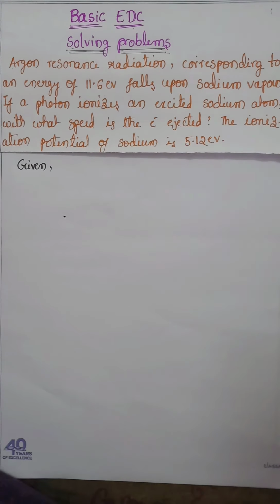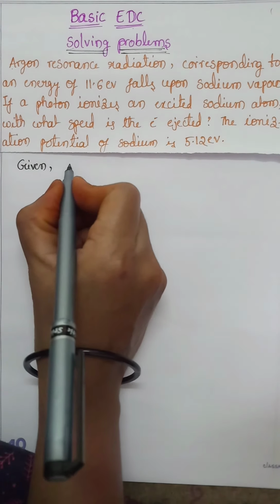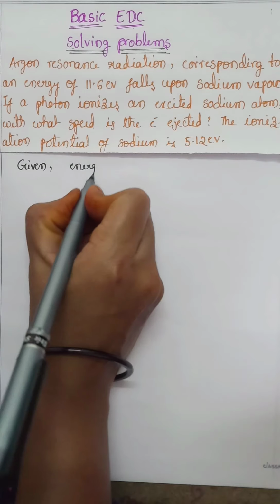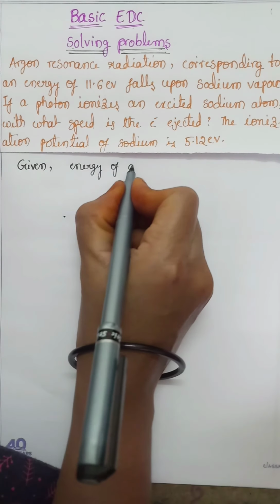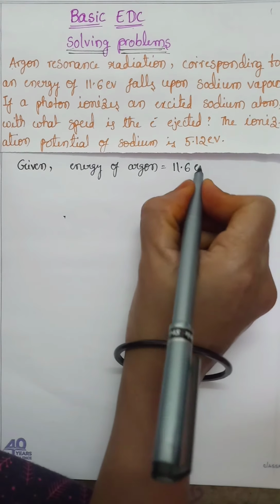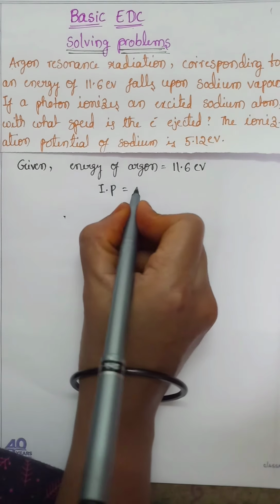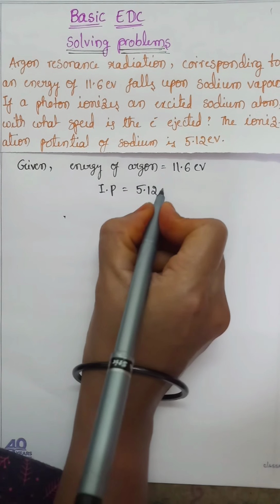In order to solve any kind of problem, we should note down the given data first. So, given the energy of argon is 11.6 electron volts, and the ionization potential is given by 5.12 electron volts.